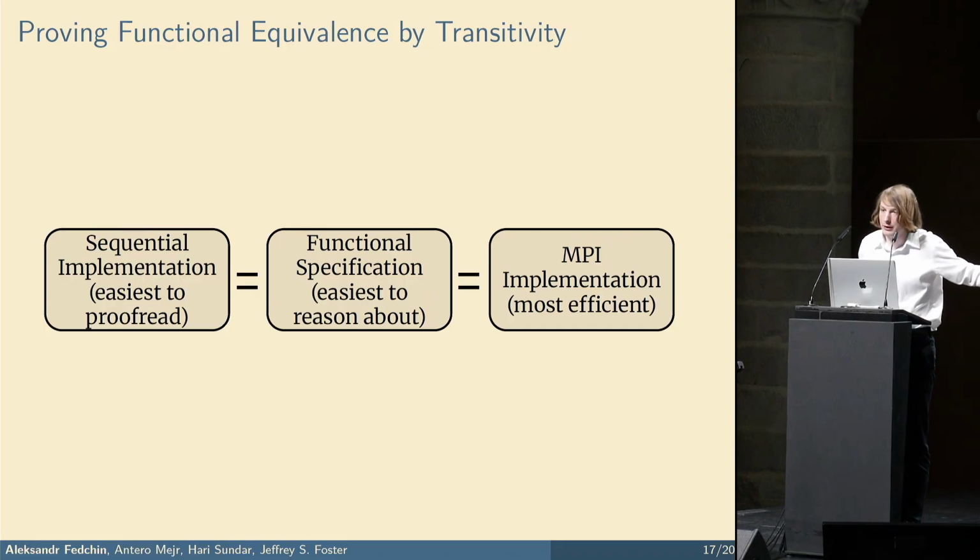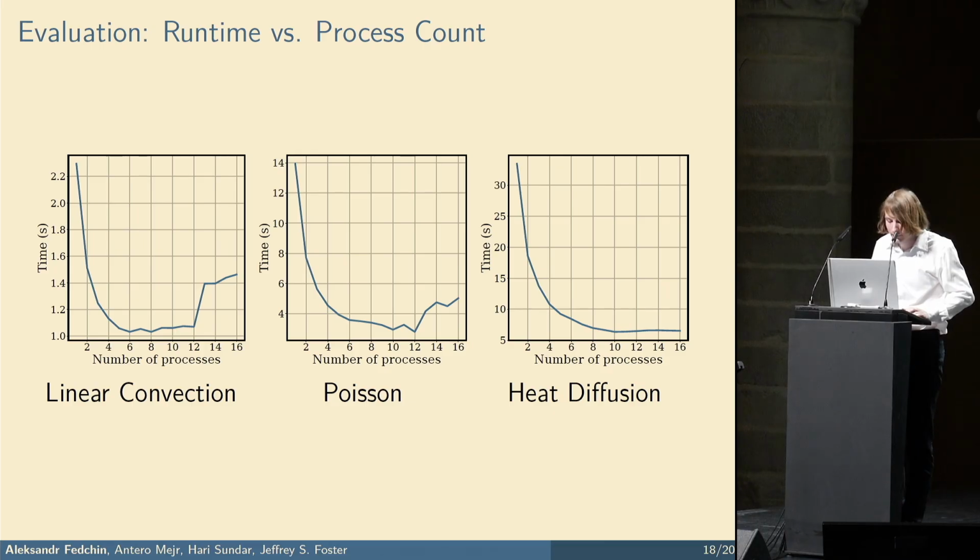You can show it to a person who knows really well how to write partial differential equations code, and they can read it and check it, essentially. Then there's a functional specification, which is, at least subjectively to me, much more difficult to read, but it's definitely much easier to write proofs about, right? And then there is the MPI implementation, which is the most efficient and the most difficult to reason about. So the idea is that you take a functional specification and you prove it to be equivalent to both sides.